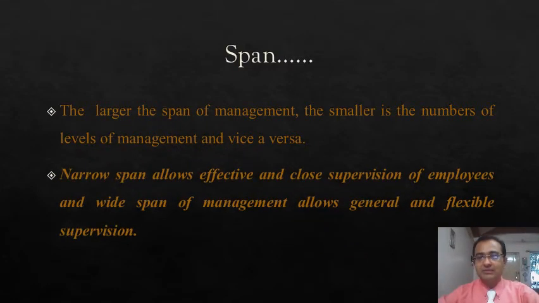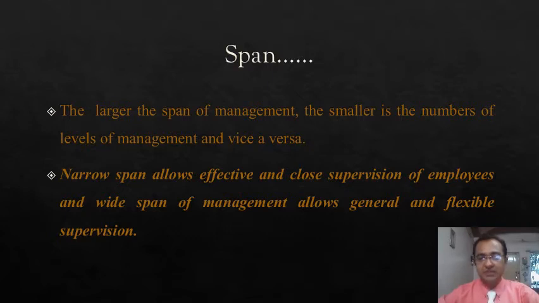When we discuss both types of span of management, we have to see what kind of benefits there are. Whenever a company adopts narrow span of management, it allows effective and close supervision of the employees, because under narrow span of management, a manager controls a limited number of subordinates.